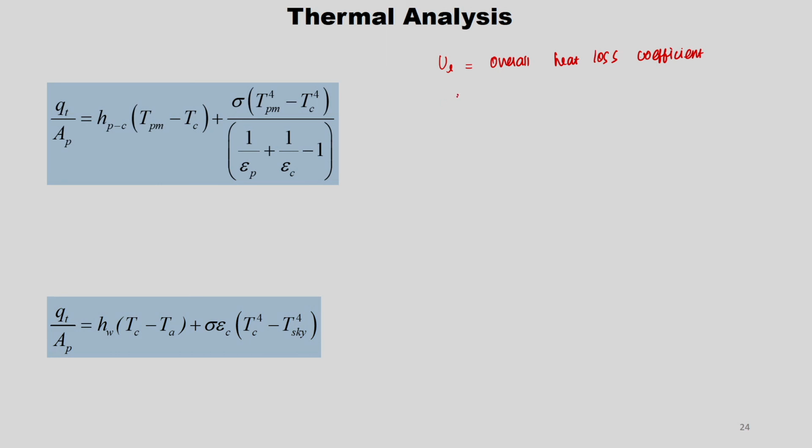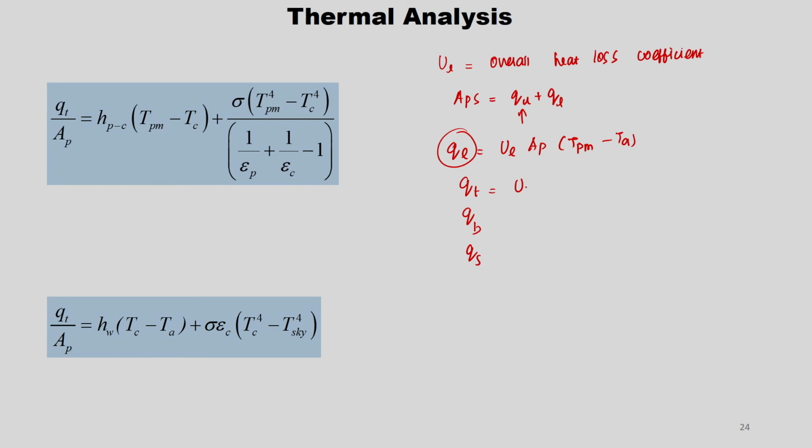So, this comes from the basic relation AP into S, which is nothing but QU plus QL. QU is the useful heat gain, QL is the heat loss. This QL can be further written as UL AP (TPM minus TA). This overall heat loss can be divided into three, QT, QB, QS.